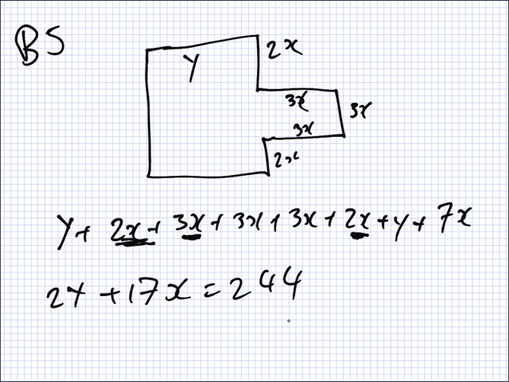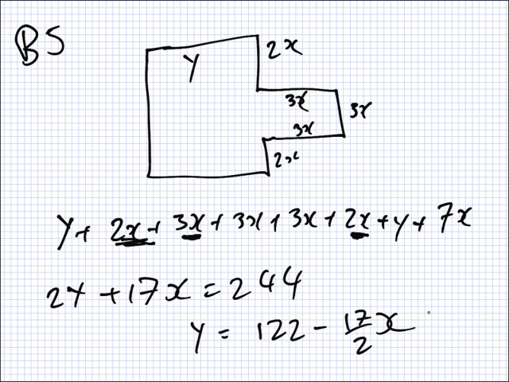Did I add them up right? 2, 3, 3, 3, 2, 7. Do you mind double checking that? And then I think that's right. Yeah? So y will equal 122 minus 17 over 2x.